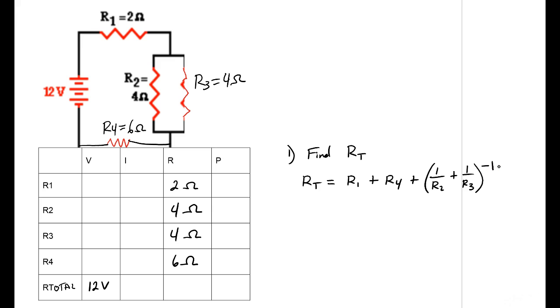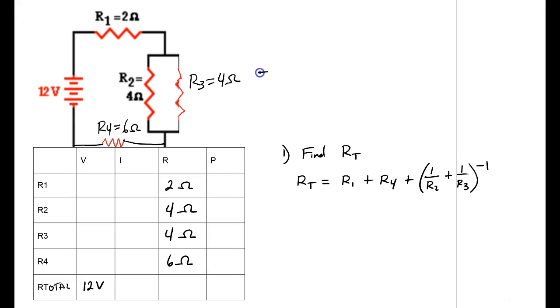Okay, let's take a look how I came to this conclusion. This is called simplifying the circuit. So what I'll do first is choose a convenient point for me to simplify or combine. And what I'm going to do is combine these two resistors right here, R2 and R3.